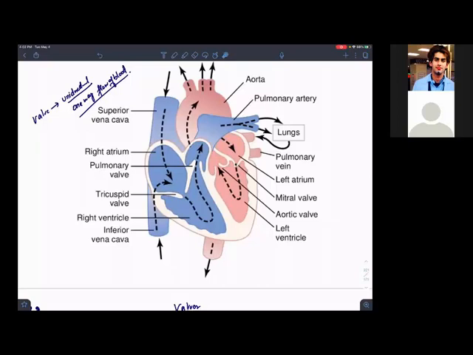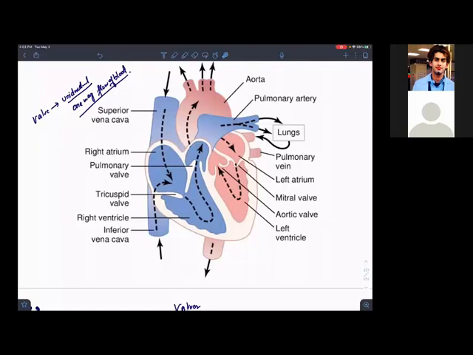Why false? It's true. During ventricular diastole, that means the ventricle is relaxing, you have finished the ejection into the aorta. Aorta is this, this red color is the aorta. So during ventricular diastole, this valve will close. That means it is preventing the blood from moving back into the left ventricle.